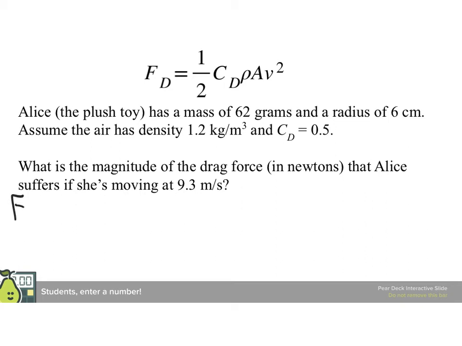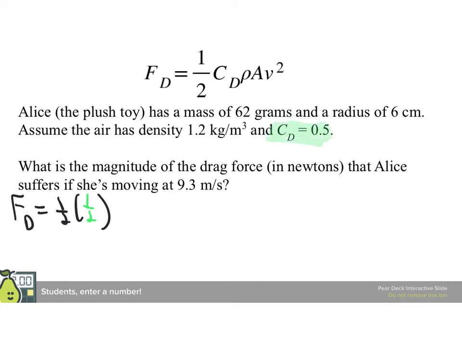This really is basically just plug and chug, but it's worth doing. We get 1/2. We get another 1/2 for the coefficient. Actually, no, let's do this color-wise. This 1/2 is coming from here.